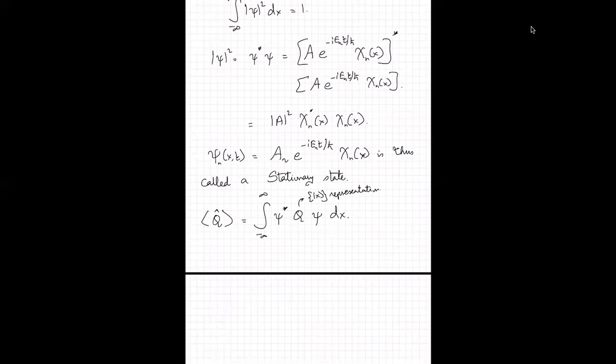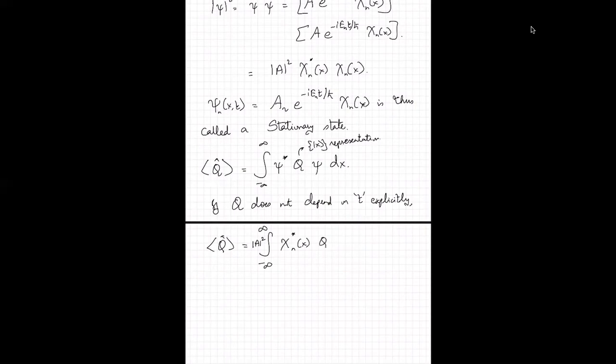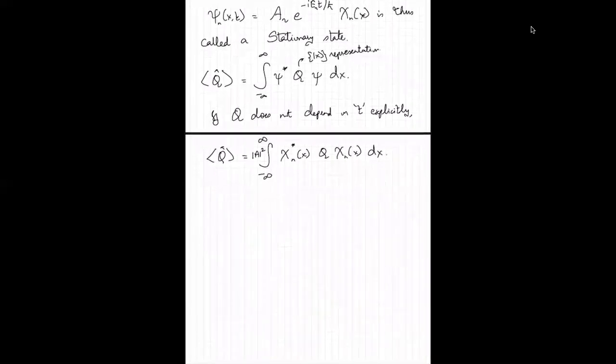And as long as this Q does not depend on t explicitly, then this expectation value can be simply written as mod a square times the integral of chi_n star of x Q chi_n of x dx, which means the expectation value of any observable in these stationary states is also not time dependent. Okay, so that is also an important point to note.